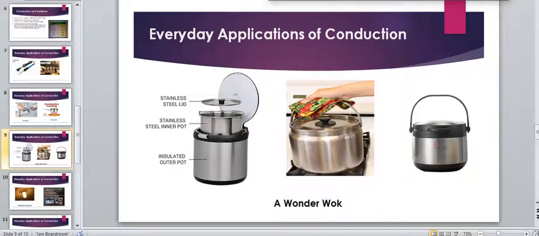Another very important application of conduction is this van der Waals, or you can say thermal cooker. This is basically the outer look of this thermal cooker, and this is how it is constructed with the help of a stainless steel lid, a stainless steel inner pot, and an insulated outer pot.